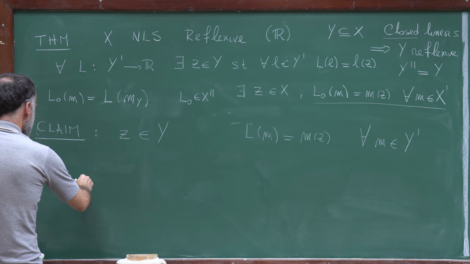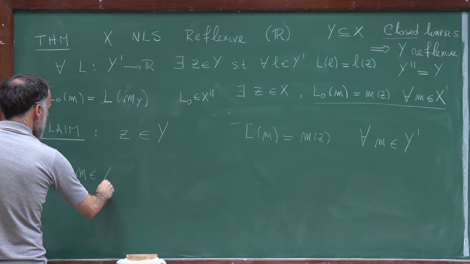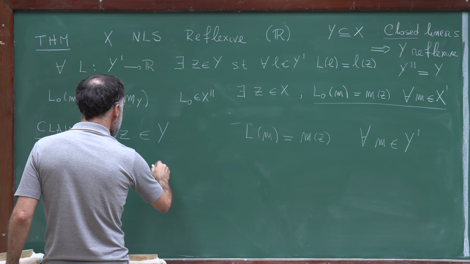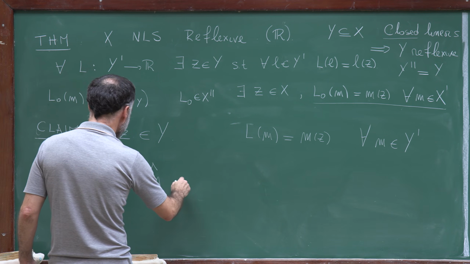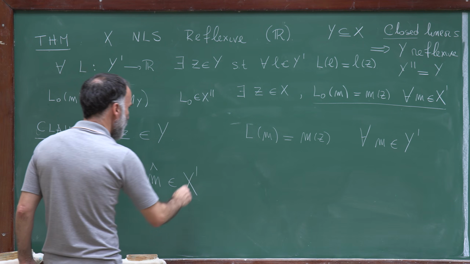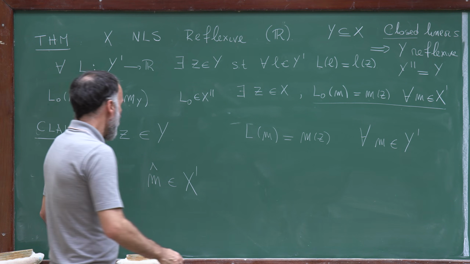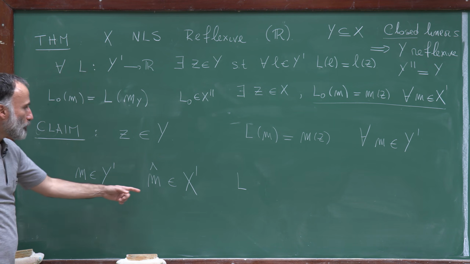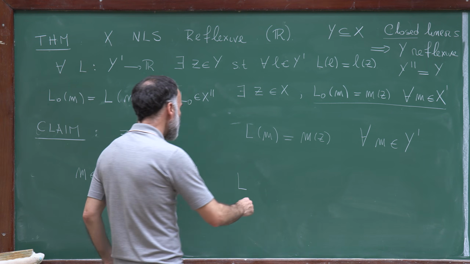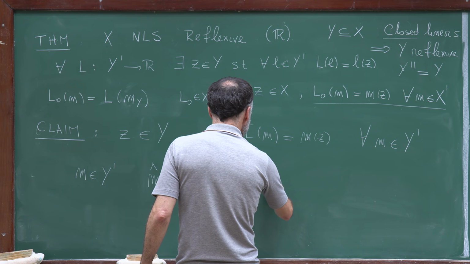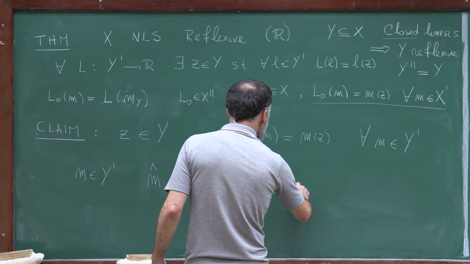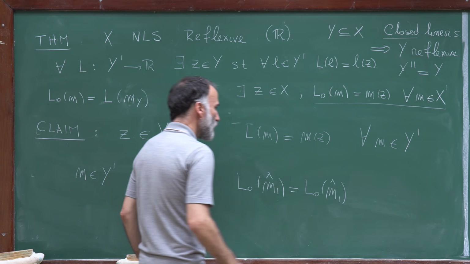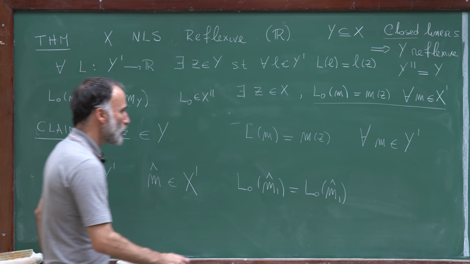So let's take M in Y prime. Let's consider its extension. Let's write M hat as its extension to X. Whatever we have proved, whatever the extension, so if you take extension 1 or extension 2, the value of L0 at both of them is the same.